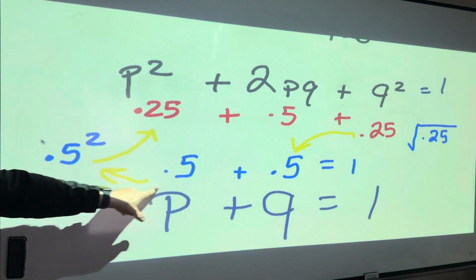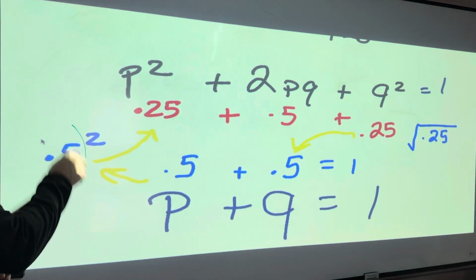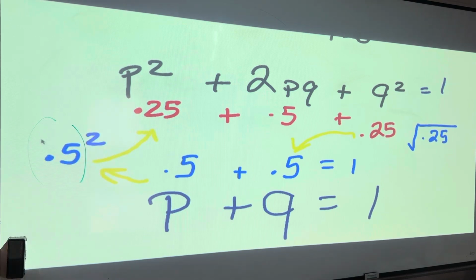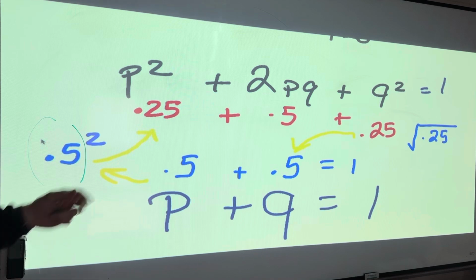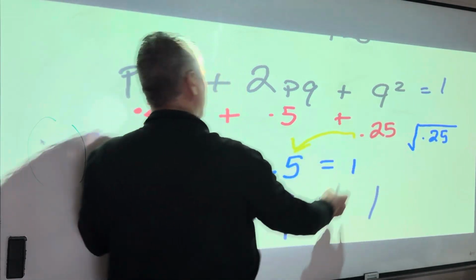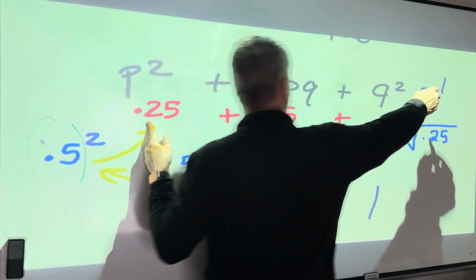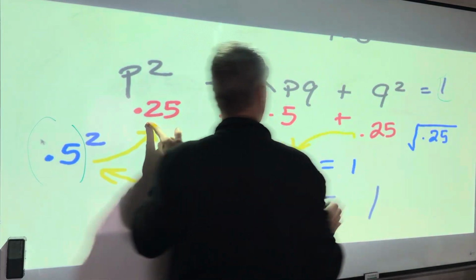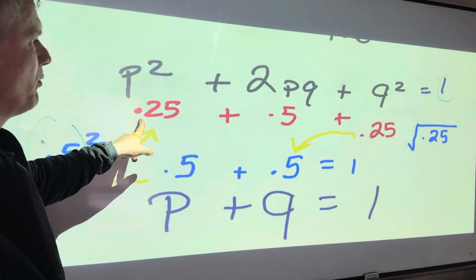Now you keep following it. You take the 0.5 and you square it, and you get 0.25. It's just like that on either side. You know you've got this number and this number, and remember, the magic number is 1. If you add 0.25 to 0.25, you get 0.5.